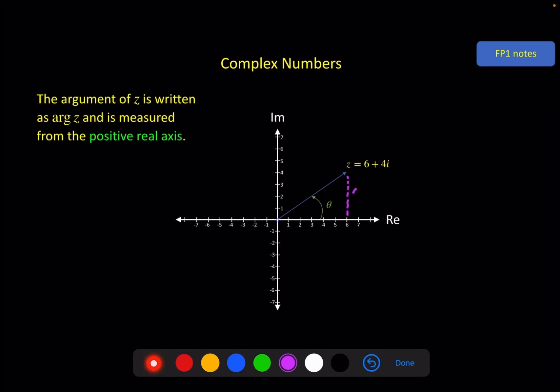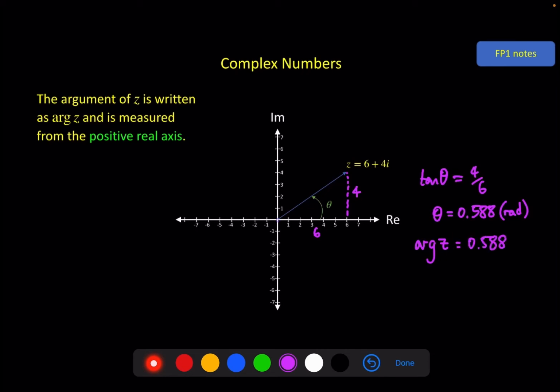We know this distance is 4 units, and along the real axis the distance is 6 units, so the tan of theta is equal to 4 over 6, so theta is equal to 0.588 to 3 significant figures in radians. And the argument of z, written arg z, is equal to this angle.